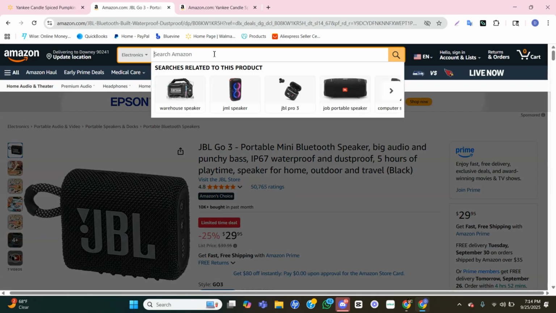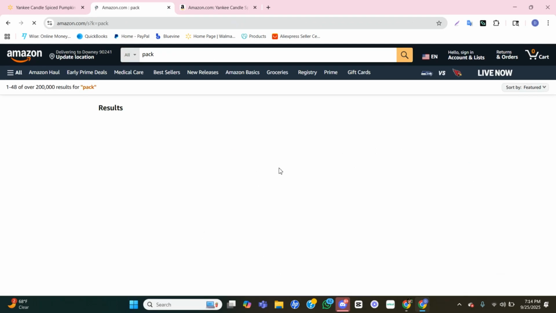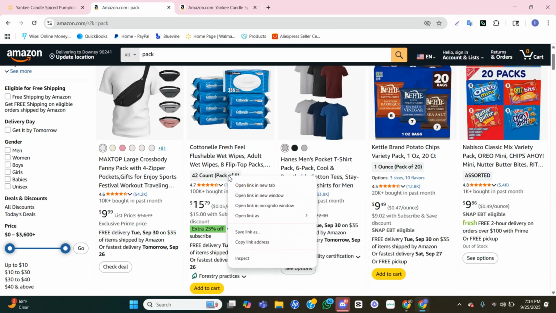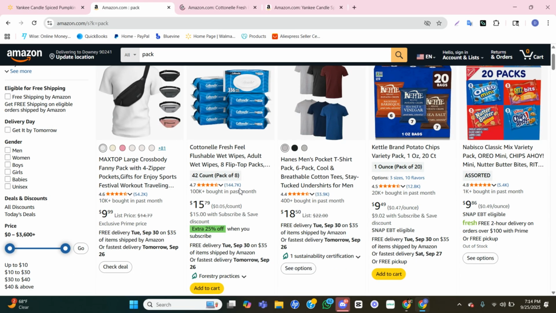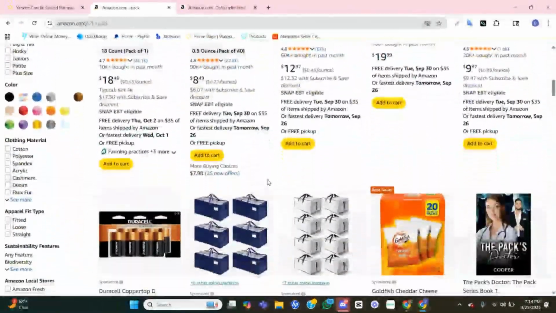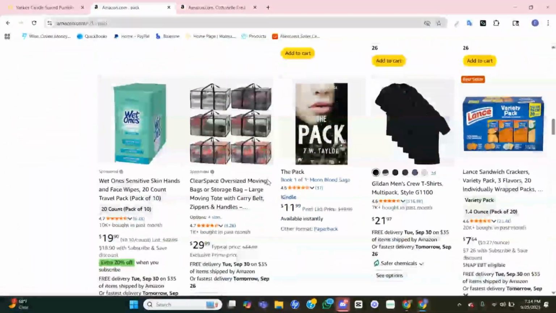Okay, so let's try. How about if we are looking for bundles on Walmart and then resell it on Walmart. Okay, so like this one, the bundles. What else?